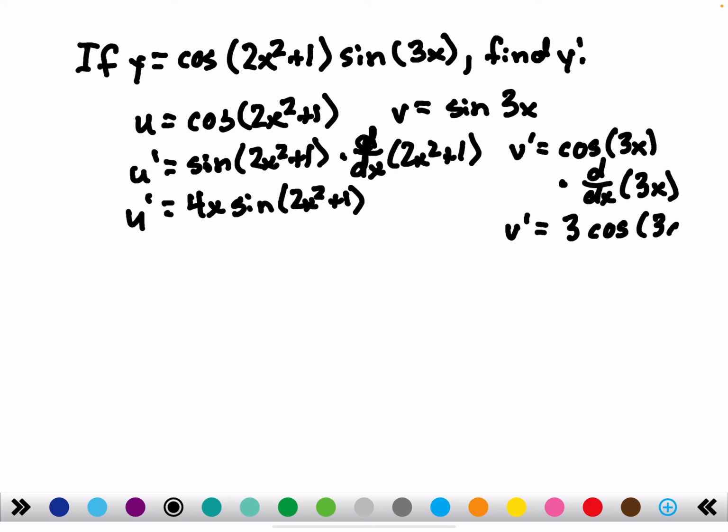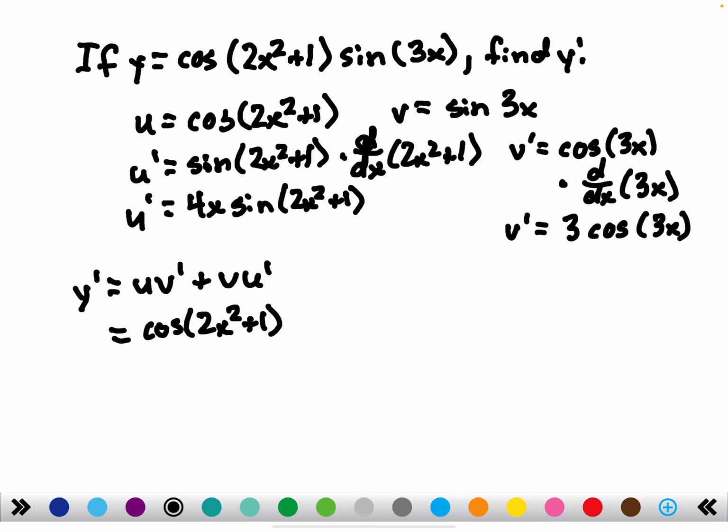Now our formula, y prime equals u v prime plus v u prime. And we'll plug those in. U is the cosine of 2x squared plus 1 times v prime, which is 3 cosine of 3x.